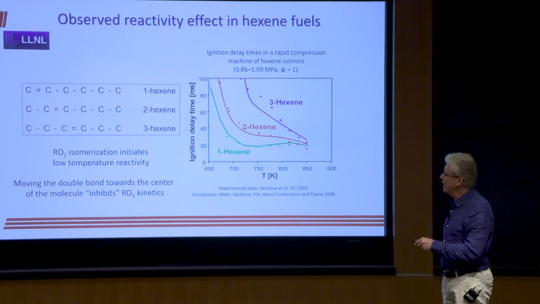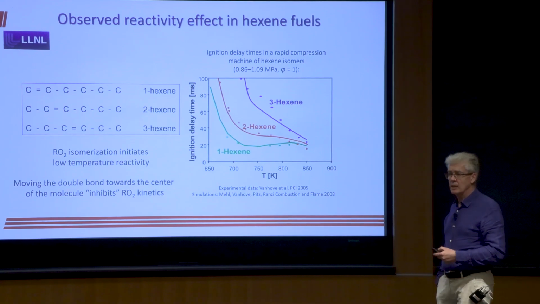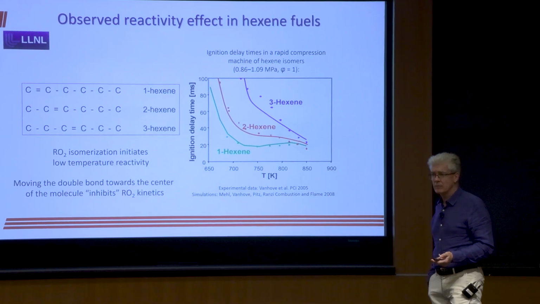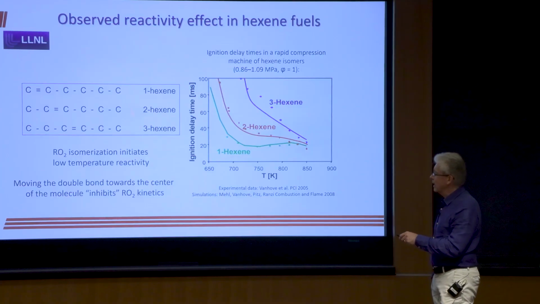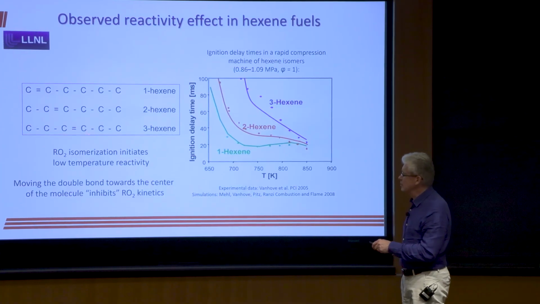Whereas if we have 2-hexene, now we have 2 allylic sites in the molecule. Primary allylic on the left here at carbon 1, and then secondary allylic here at carbon 4. So now there's less scope for the low temperature branching chemistry to manifest itself, okay, as for 2-hexene. And then 3-hexene is the worst.